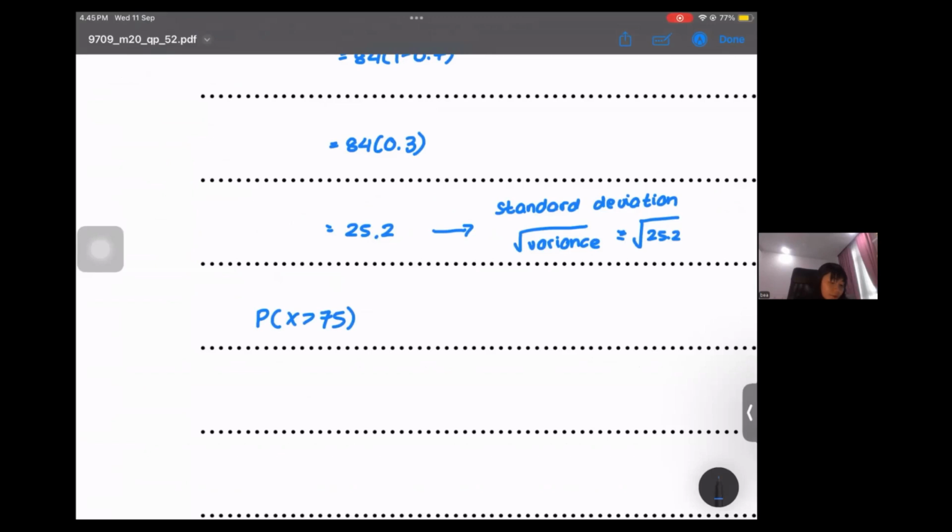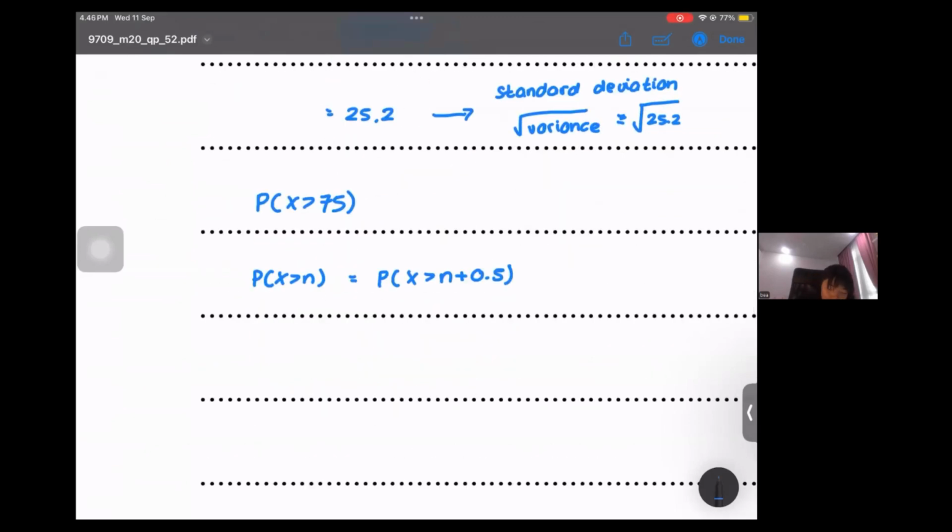Because we are using approximation, we will use continuity correction, where when the value is larger than something, then our sample value will be n plus 0.5. So n here is 75. So we will use 75.5 subtract 84, divided by square root of 25.2.